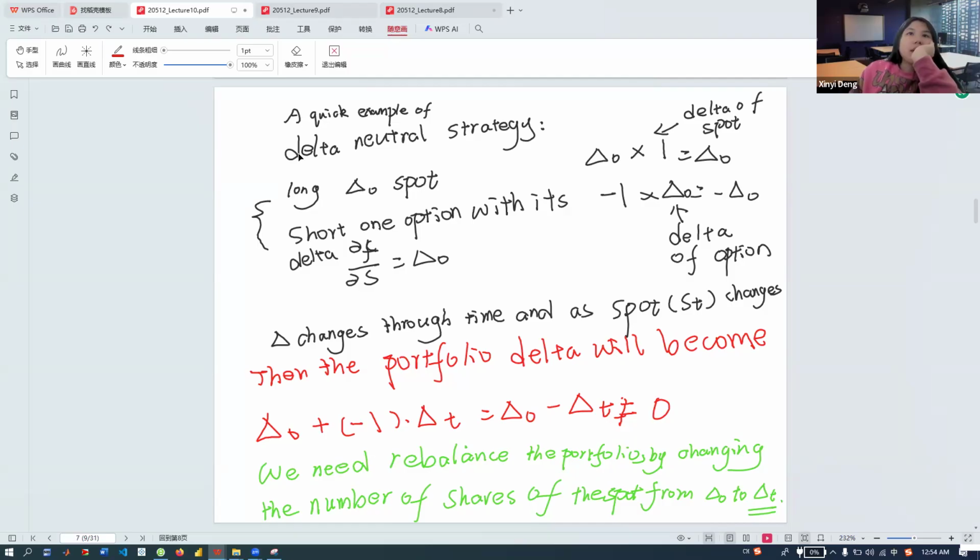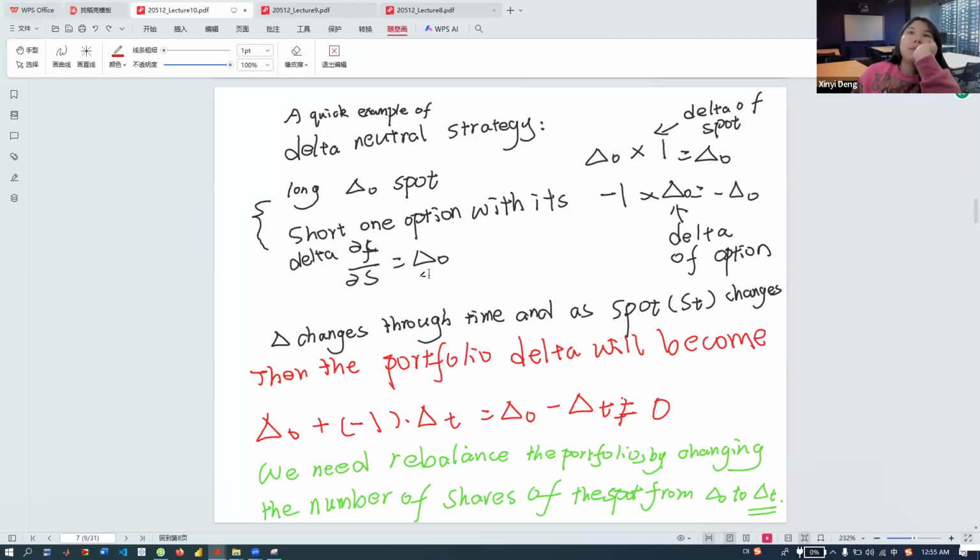In this specific example, we may be longing delta O of the spot. Sorry, it's not delta 0, it's actually delta O. So we are longing delta O of spot, and that delta O is the delta of the option.